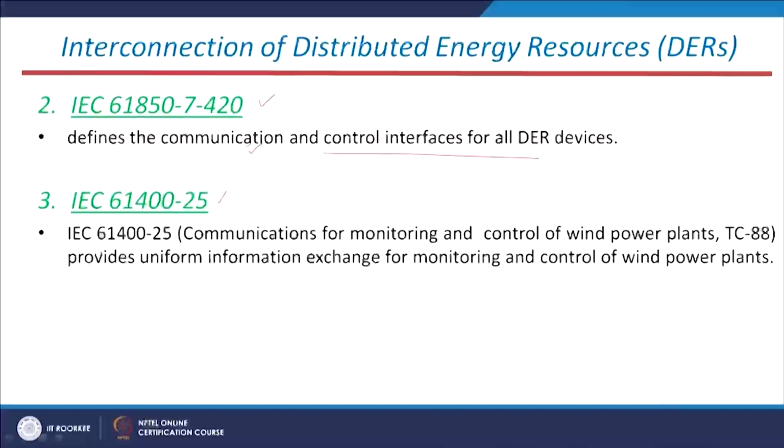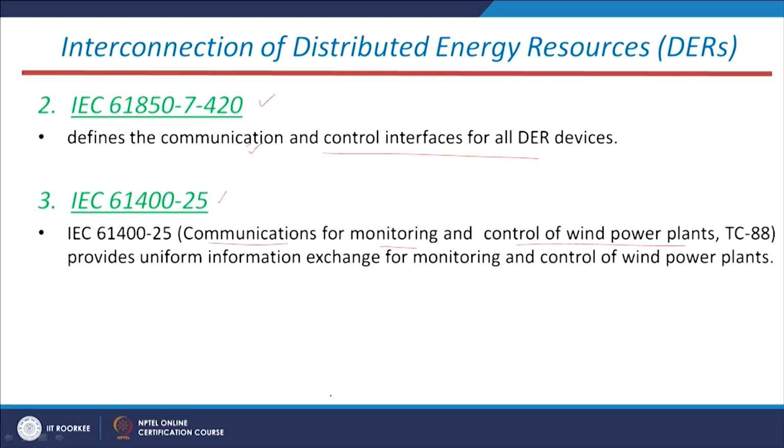And the next one, IEC 61400-25, what information does it contain? The communications for monitoring and control of wind power plants, because in the smart grid system we have wind power plants, solar power plants, and also fuel cells and batteries. Those are upcoming generation or storage systems.